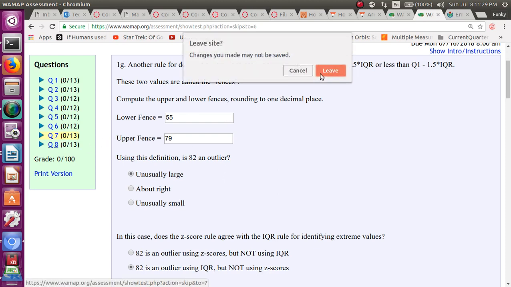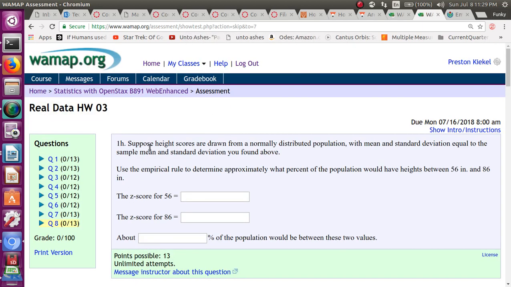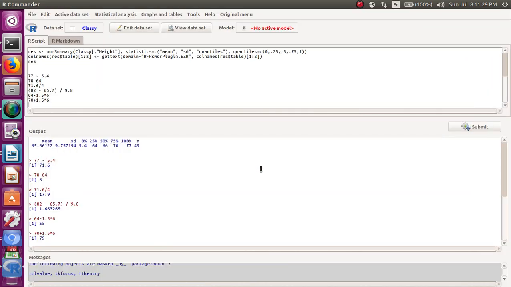Okay, last question. This is about the empirical rule. So if the variable is approximately normally distributed, then we can use the empirical rule. So I'm going to get the z-score for 56 and for 86. For 56, we say 56 minus the mean of 65.7 divided by the standard deviation of 9.8.